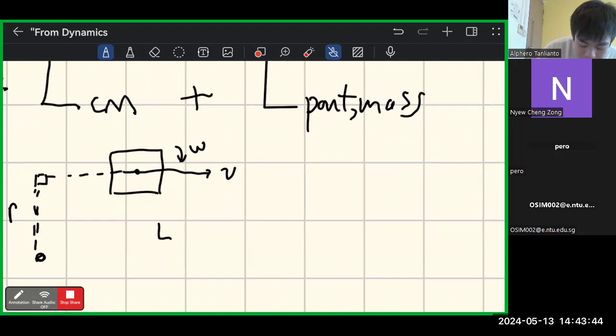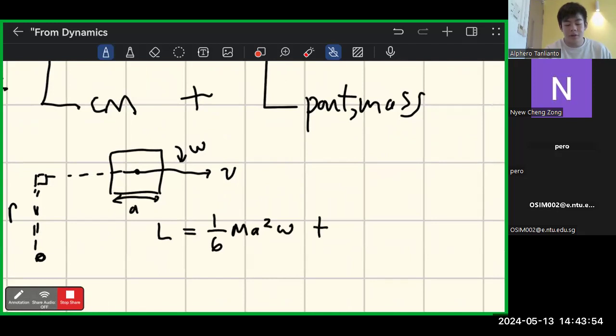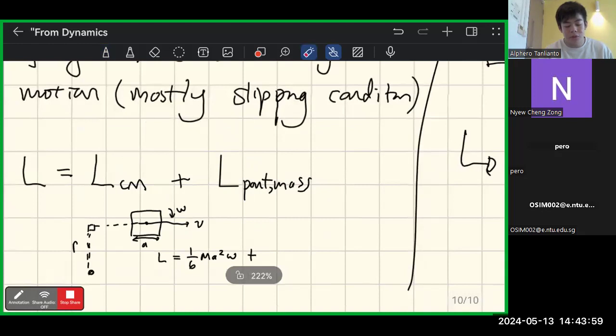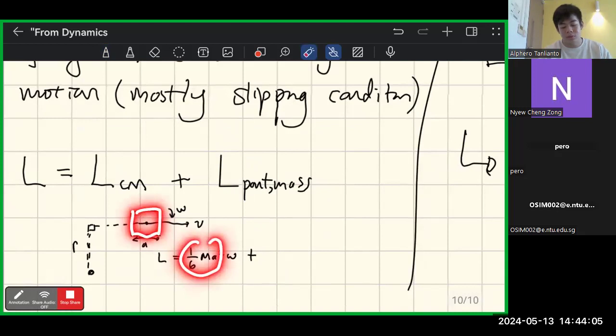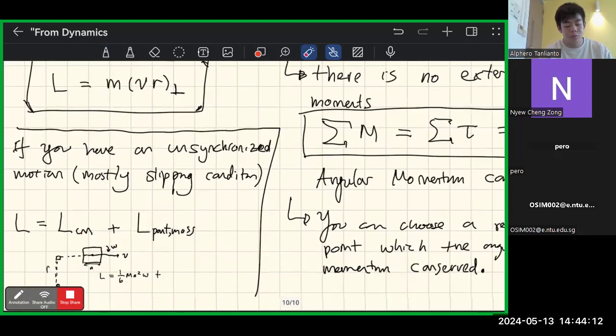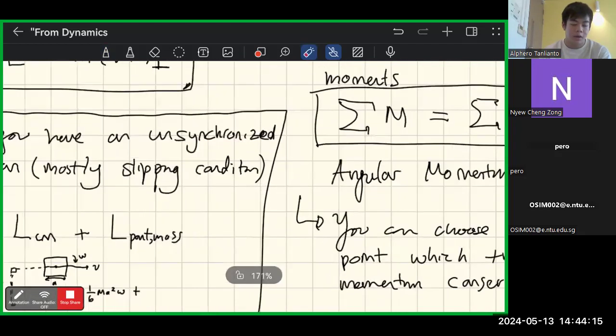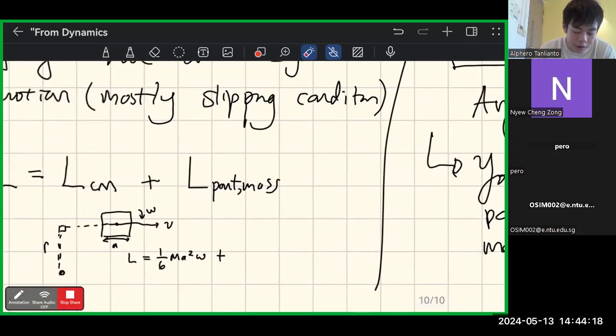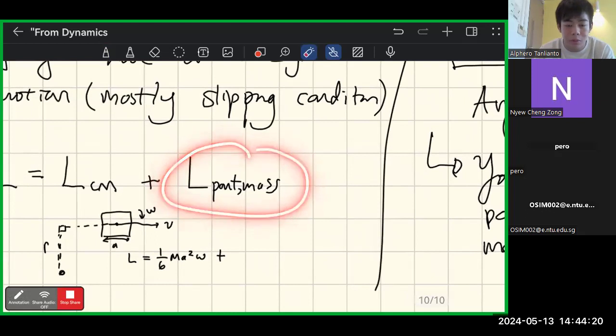The angular momentum is, let's say this side is a, one sixth m a squared times omega, which is the angular momentum with respect to its center of mass, because the moment of inertia of a rectangle is one sixth m a squared. So it's I times omega, the angular momentum with respect to its center of mass, added by the angular momentum of a point mass.